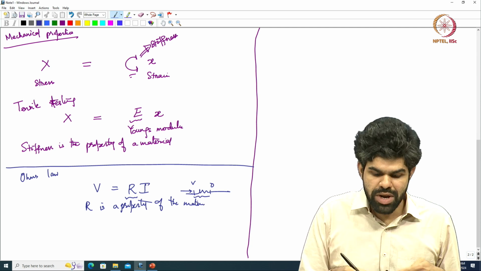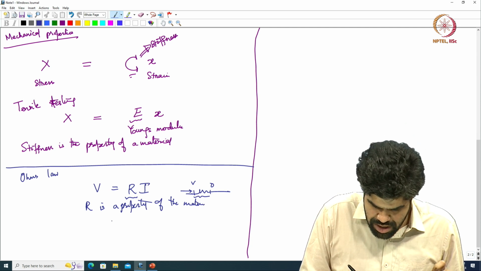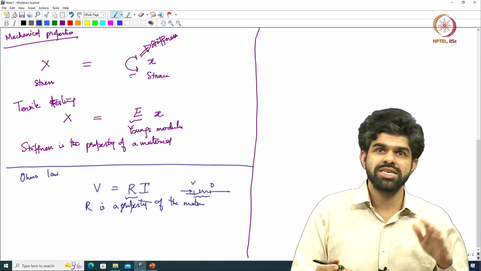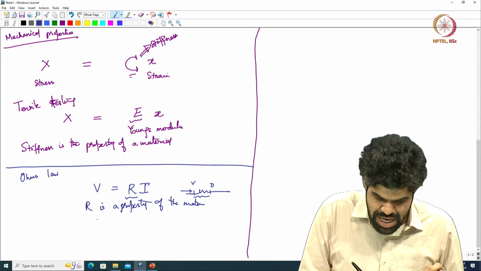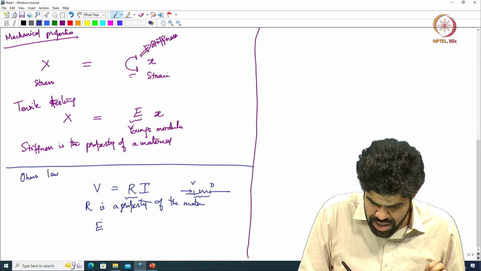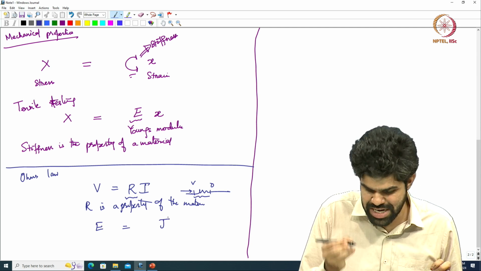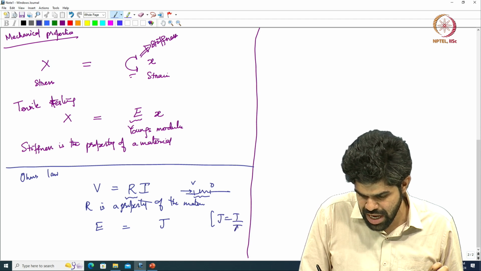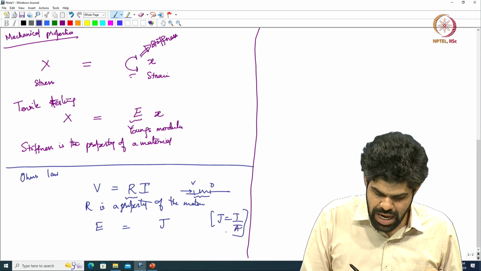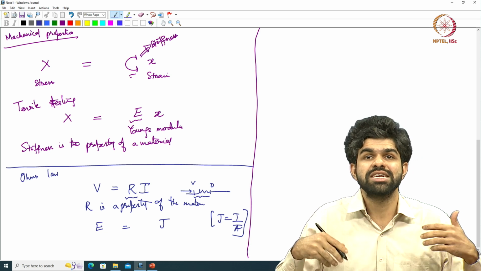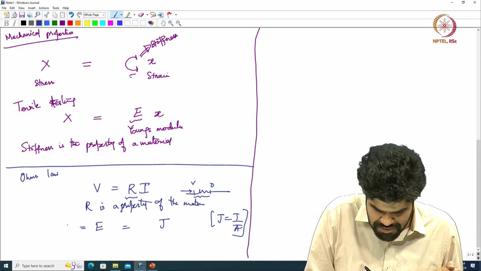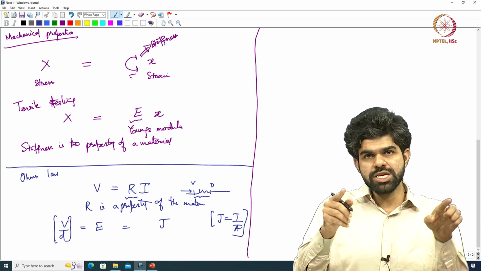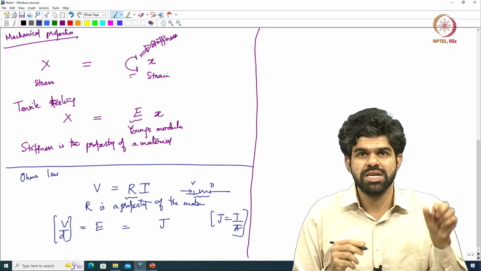Right. Now in other words, if I have to make this geometry independent, just like I made my capacitance geometry independent, if I am applying some sort of a current density J, that is current per unit area, J equal to I by A, right, and I am measuring the corresponding electric field, which is nothing but V by D, or the voltage drop across a certain thickness of the material, right.